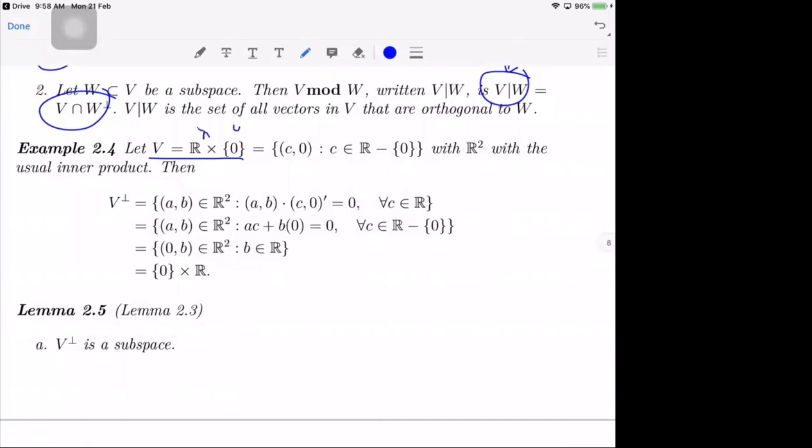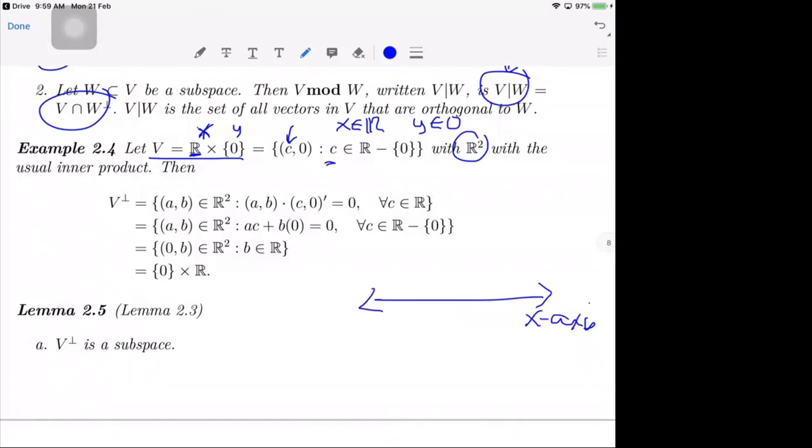So if it is (x, y), all elements x in R, and all y elements of R2 are 0. What is this? This is all x in R, all y are 0. This is just your x-axis. Are you with me? Yes, ma'am. Okay, this is just your x-axis.